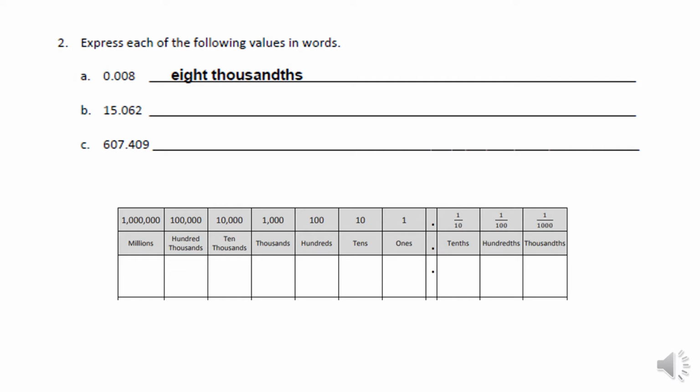Now we're going to be expressing them in word form. Now we're going to use the place value chart again to help us with this. So first thing we're going to do is I'm going to take this number right here, and I'm going to go ahead and put it in the proper places in the place value chart. Now if we read the question, we're going to read the number, we're going to write it exactly the way we read it. We're going to start off, this is 15, so 15.